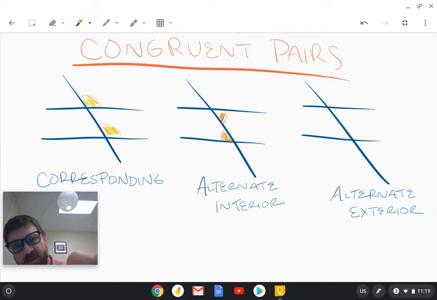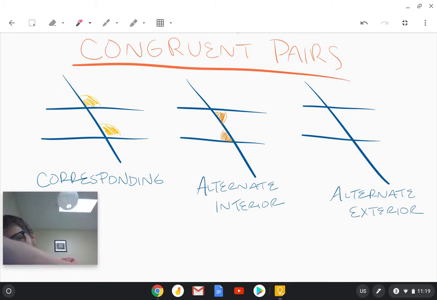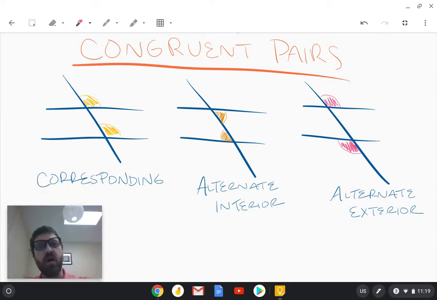Look on the previous lesson's notes for other examples of alternate interior angles. So there is more than one. And then lastly, alternate exterior angles are congruent. This is an example of a pair of alternate interior angles. So those are the 3 angle pair relationships in these transversals.